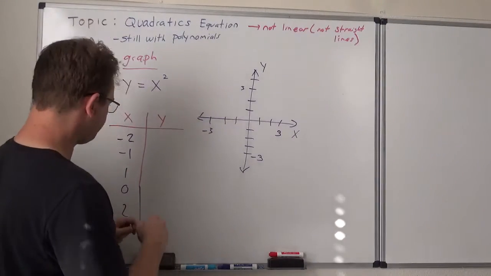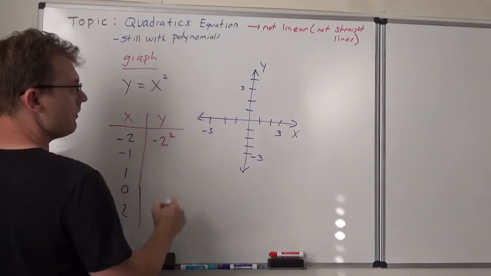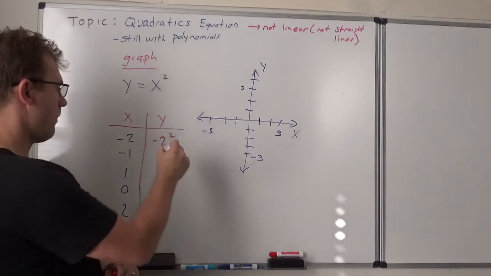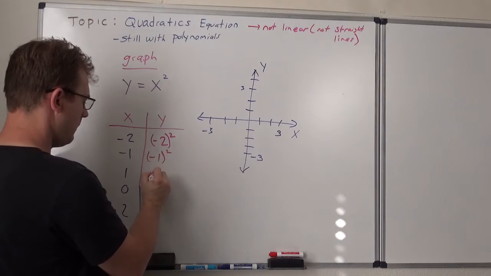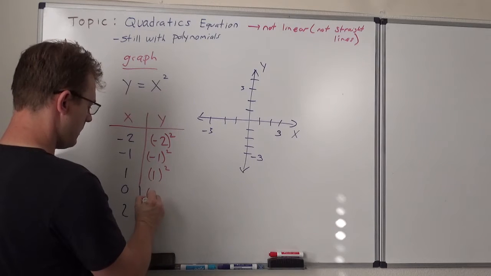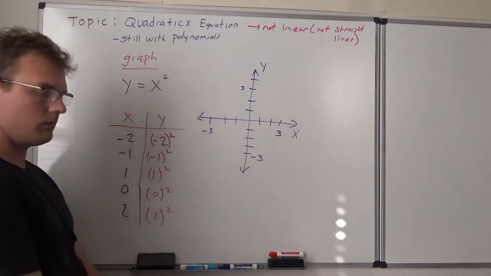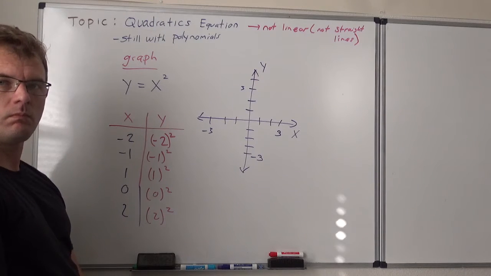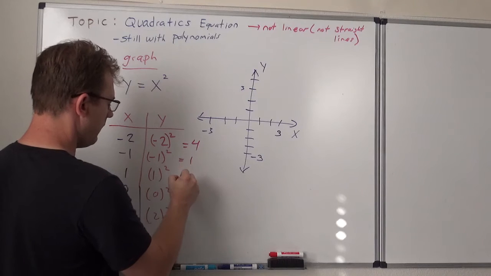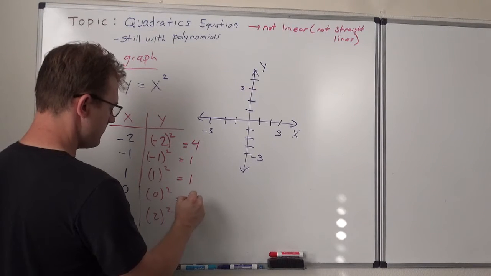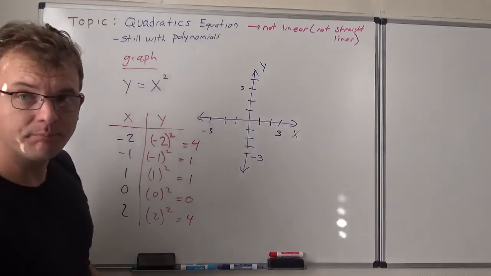Here we go. Isn't this going to be negative 2 squared? Isn't this negative 1 squared? 1 squared? 0 squared? 2 squared? So this is going to be 4, 1, 0, 1, 4. Let's graph them.